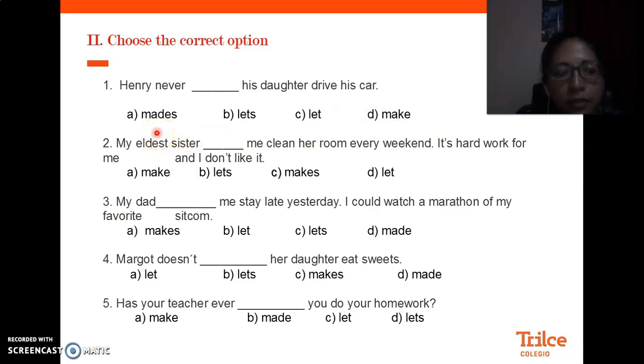What do you think is the answer? Yes, lets. Henry loves his car so much that he never lets his daughter drive his car, which means he never gives his daughter permission to drive his car. Please read carefully each of the sentences and choose the correct option. And don't forget to write down your answers in your notebooks.